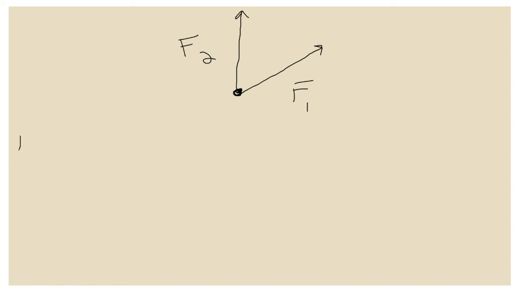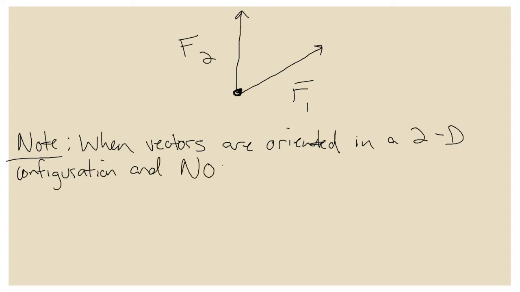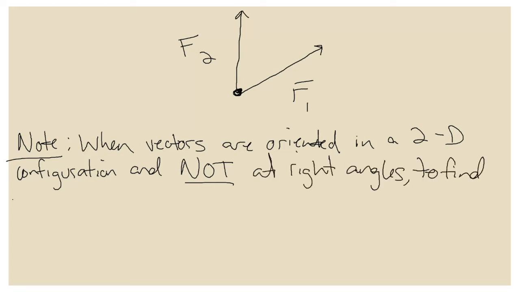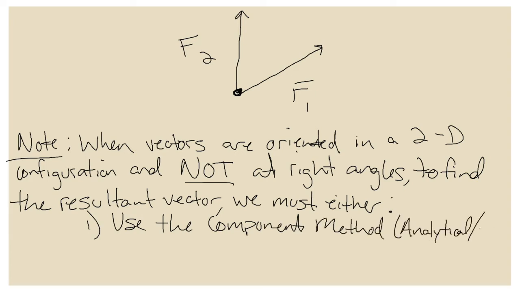So what we'll say here is note, when vectors are oriented in a 2D configuration and not at right angles, to find the resultant vector, we must either, and I'm going to write here, number one, use the component method, which is an analytical method, or in other words, math, or use a graphical method by making a scale diagram.